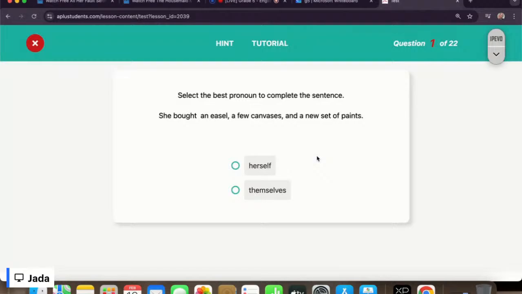So select the best pronoun to complete the sentence. She bought dash and a few canvases and a new set of paint, herself or themselves.